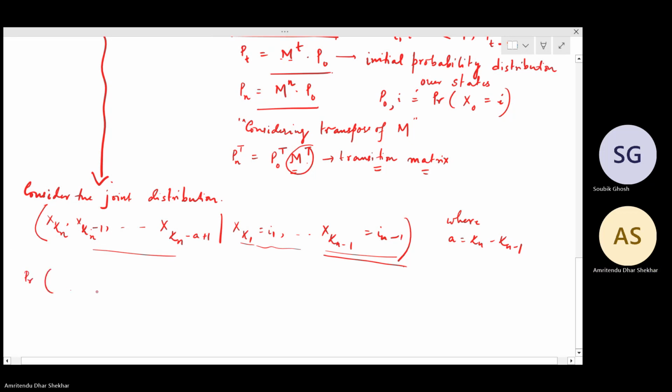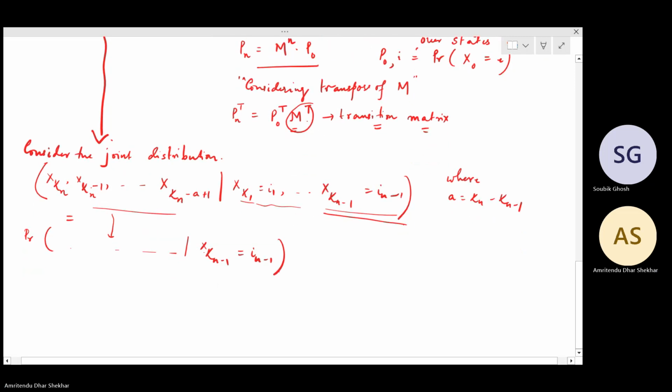That's because this is a Markov chain: x_kn minus 1 up to x_kn minus a plus 1 is a Markov chain, and because it's a Markov chain, you can show that this joint distribution is independent of the terms before it. So it's only x_kn minus 1 equals in minus 1.